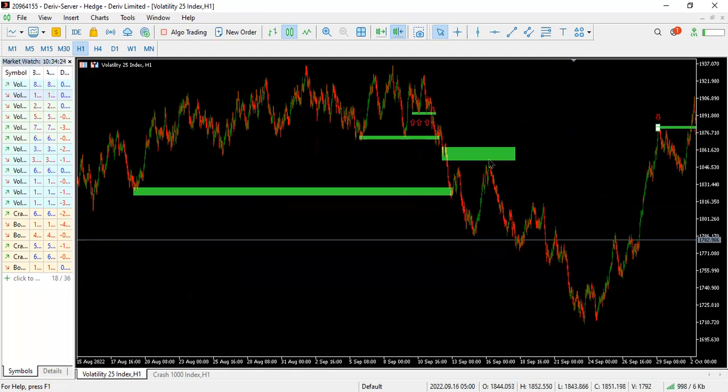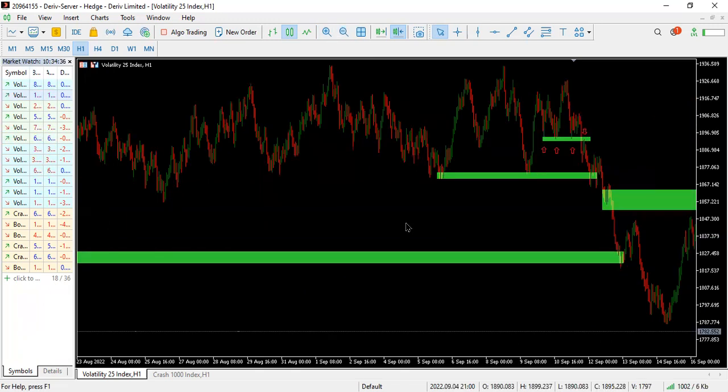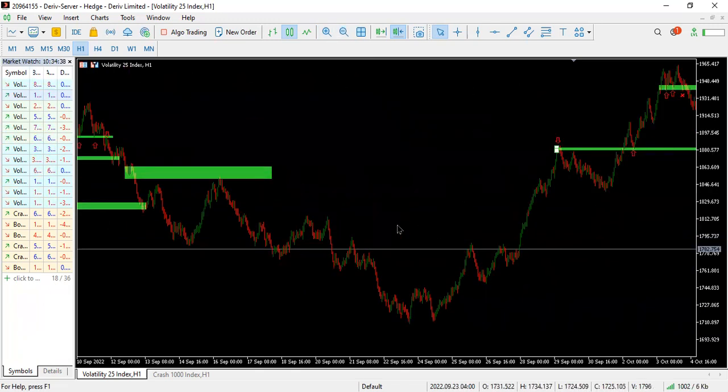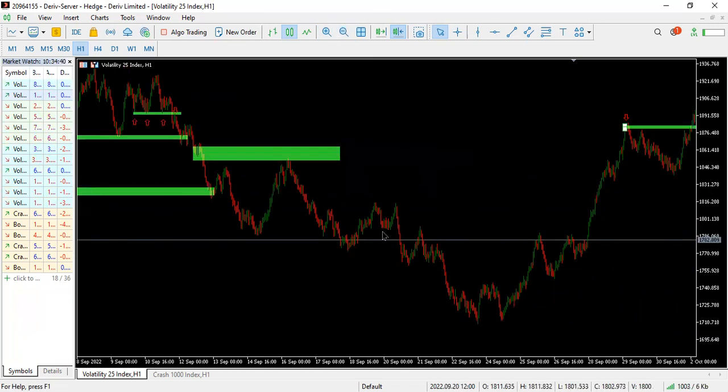And then you're going to get another opportunity to sell here, going down. You can see that the price went up here to take this one. We have a drop-base-drop here. I'm not sure if you can see it. Okay, here it is. It's a drop-base-drop.